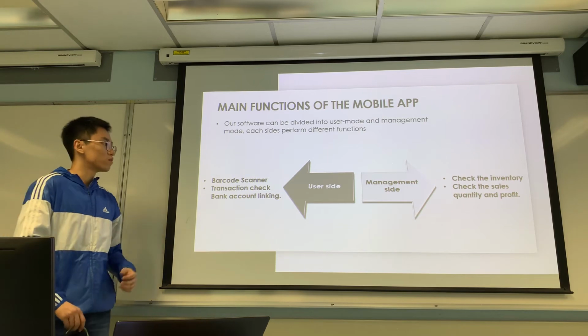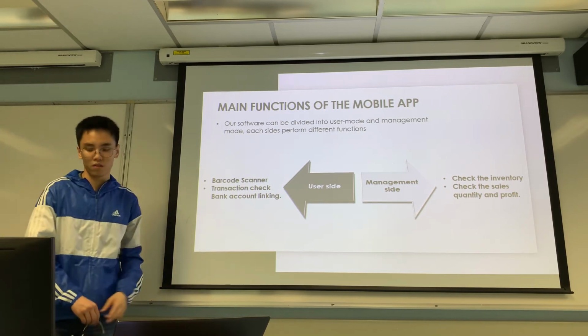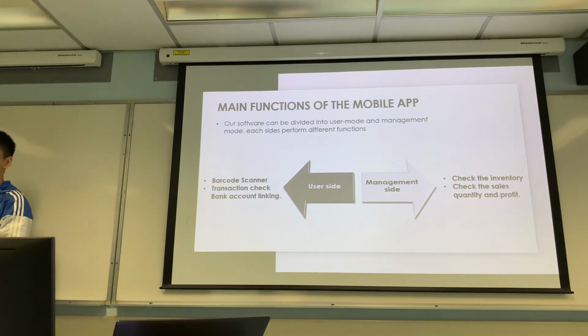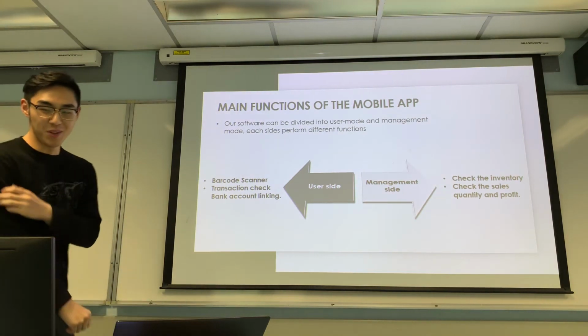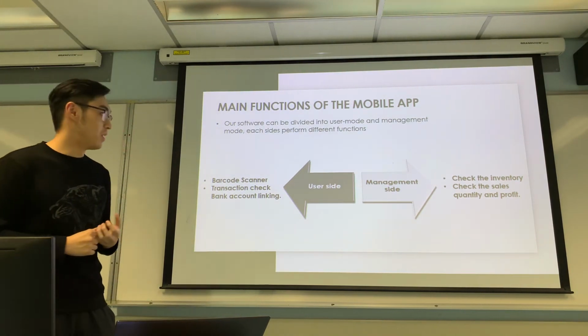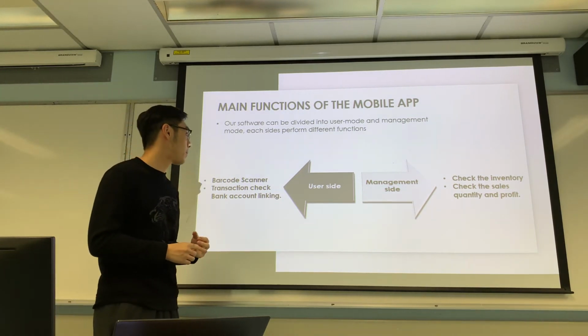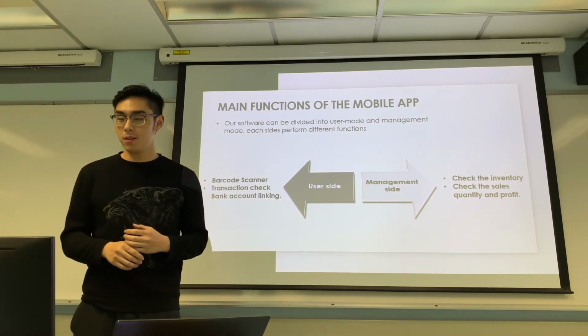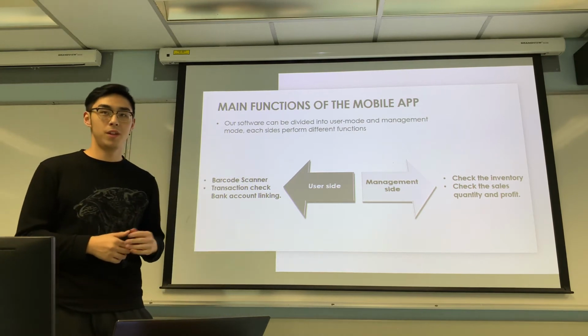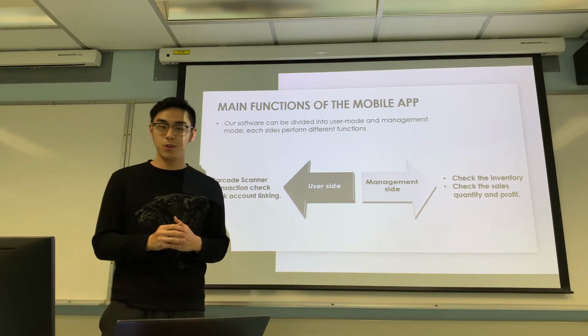My teammates will talk about the software. Now, it comes to the part of the mobile application, and I will introduce some basic functions of our software system. Our software can be mainly divided into 2 modes, that is user mode and management mode.